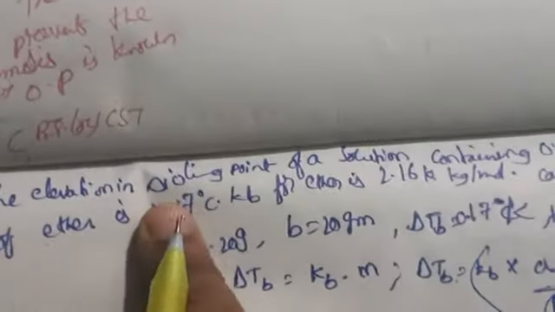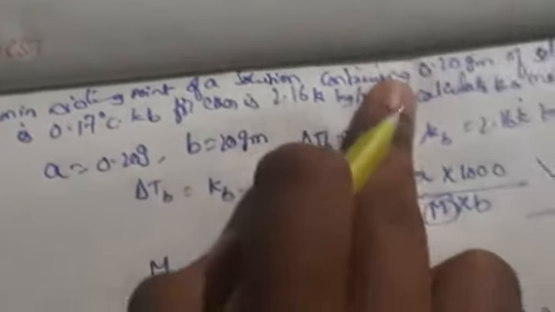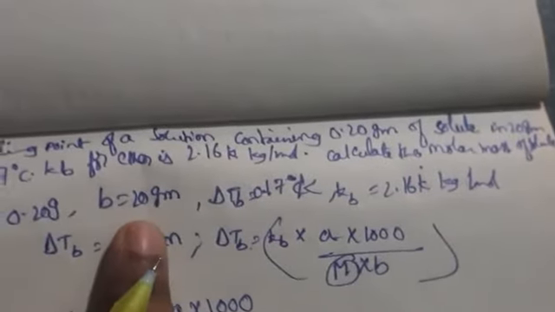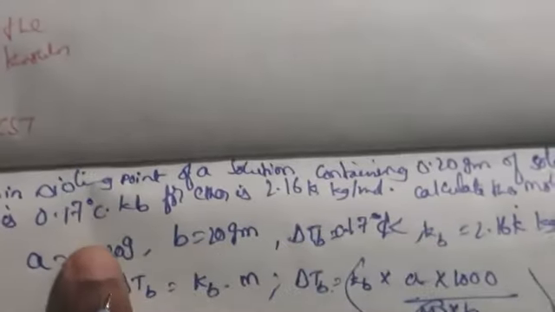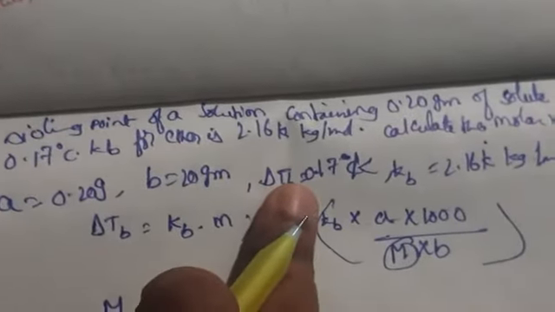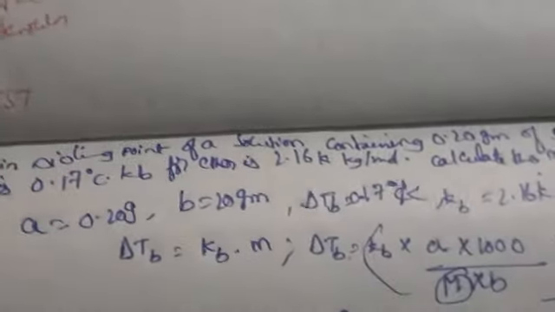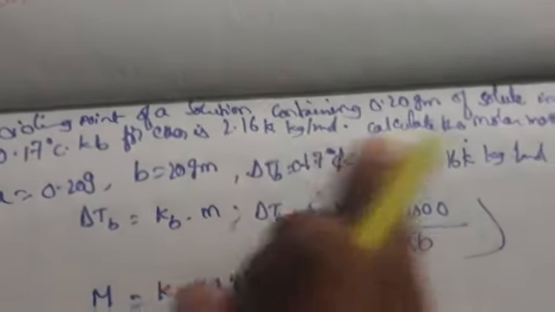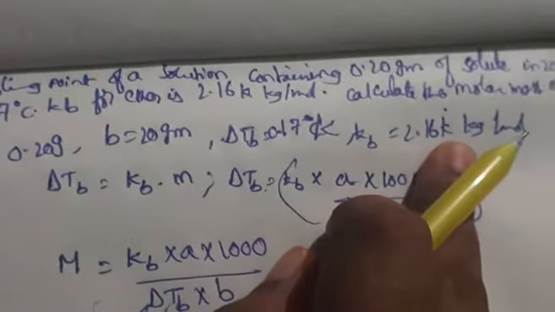So see, the elevation of boiling point of a solution containing 0.20 grams of solute, that is A value, in 20 grams of ether, that is B value, the elevation of boiling point delta Tb will be 0.17, where Kb for ether is 2.16 kg per mole.